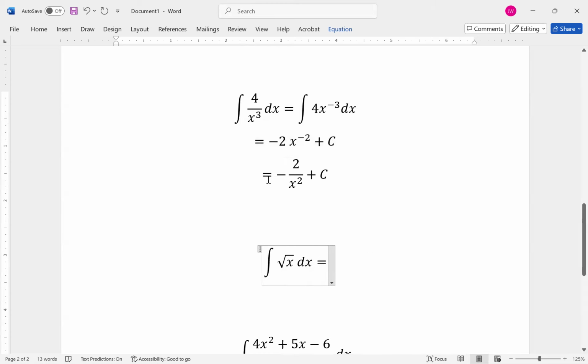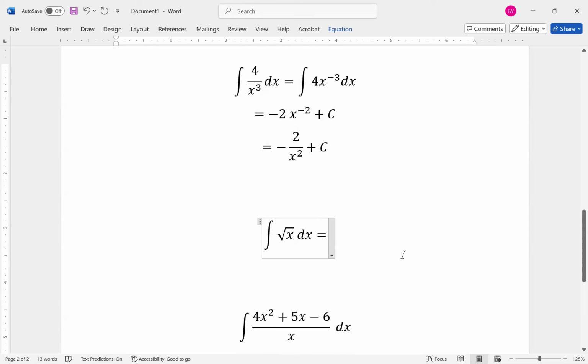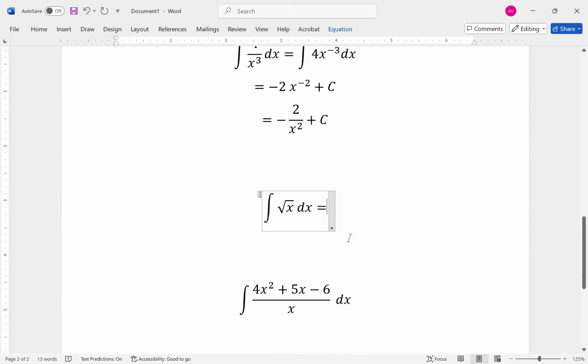Now, just like the previous one, when I integrate the square root of x, I'm going to rewrite that as well. We're going to integrate the square root of x, and if we use the rules of exponents, my exponent is going to be 1/2, or 0.5, whichever you'd like to say.